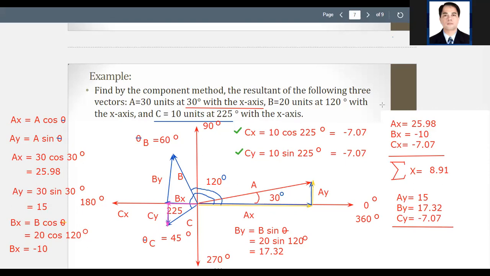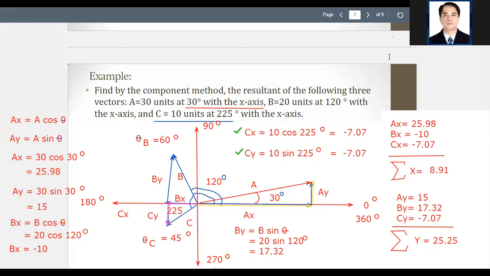So we will determine that. And therefore, now we will usually use the notation for summation. So we have now our variable y. So the summation of y will be equal to what? We have a positive summation of x, which is 8.91, and a value of summation of y now, which is 25.25.